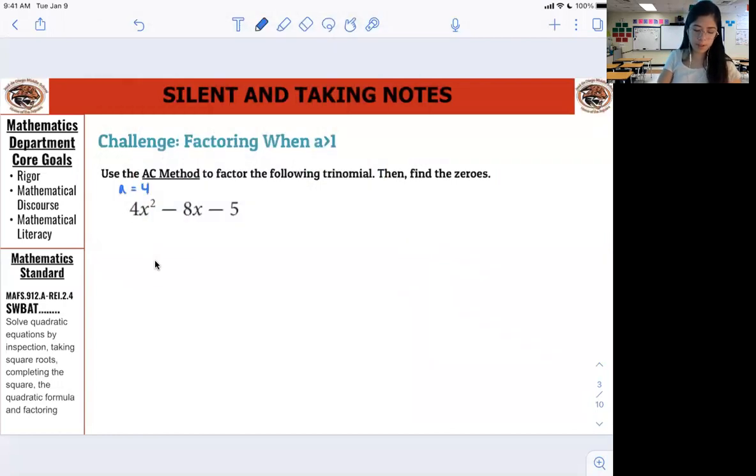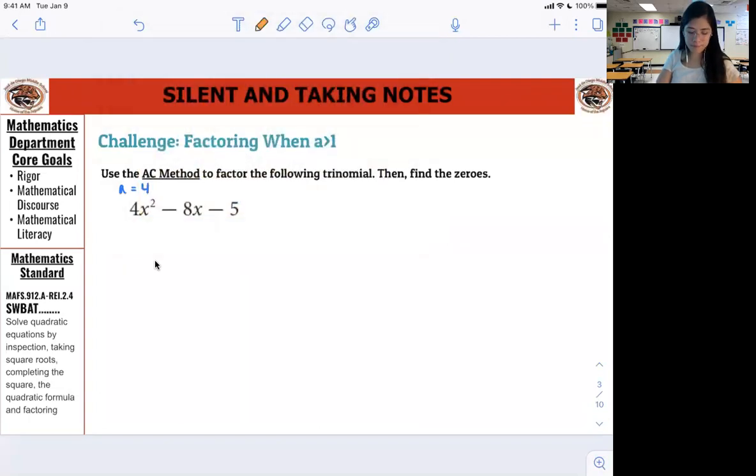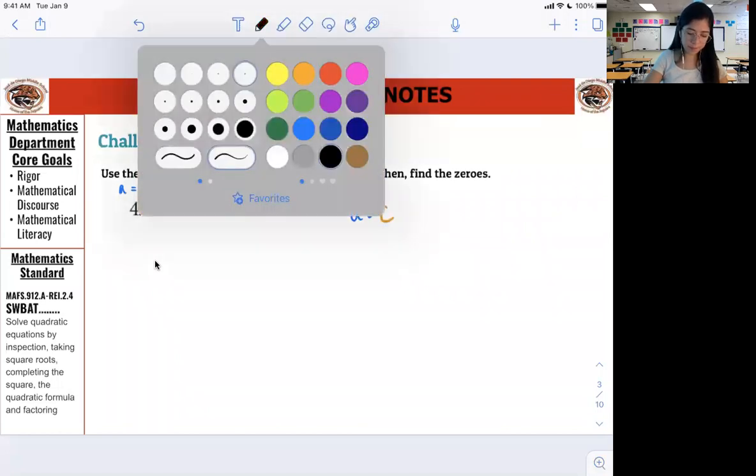A equals 4. What's C? -5. So remember, the first thing we're going to do is we're going to multiply A times C. And what's that going to be?